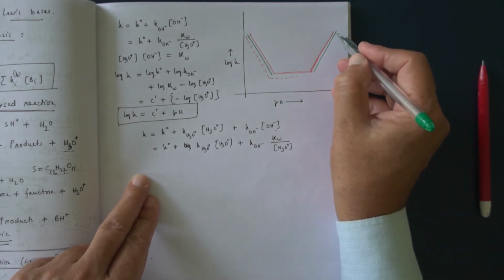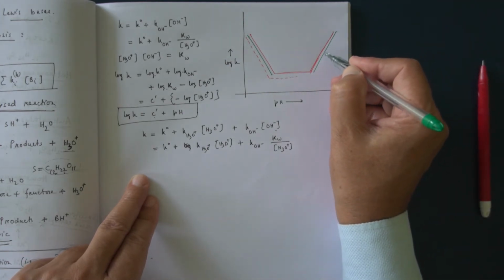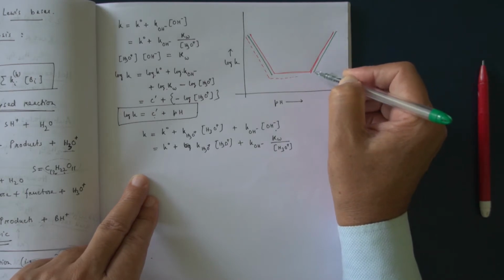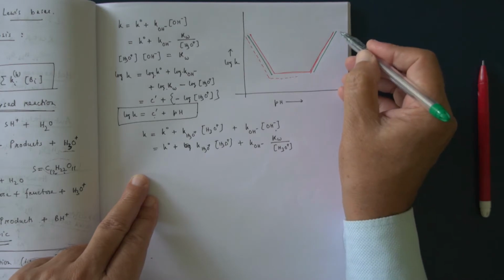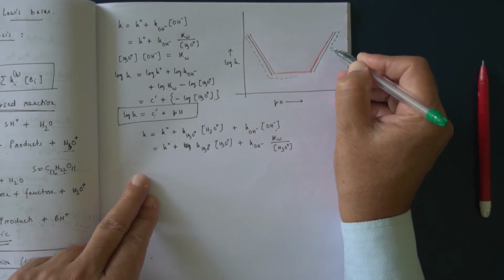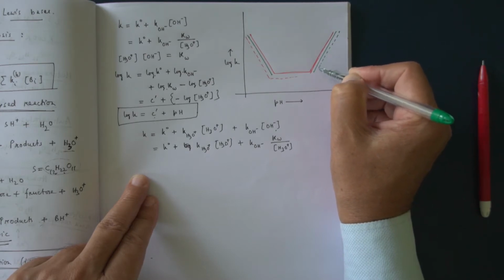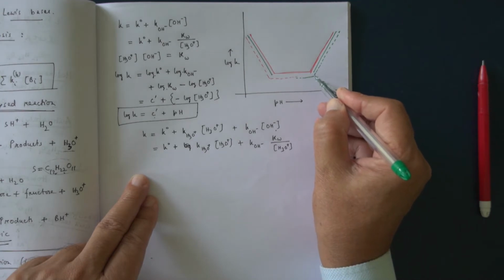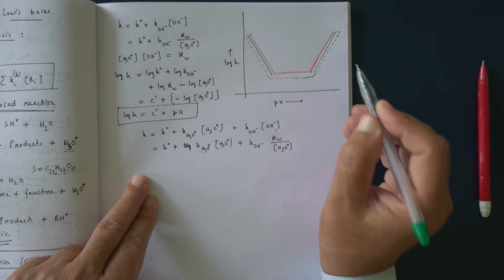If it is catalyzed by hydroxide ion and the uncatalyzed reaction is also there, then the graph will be like this.